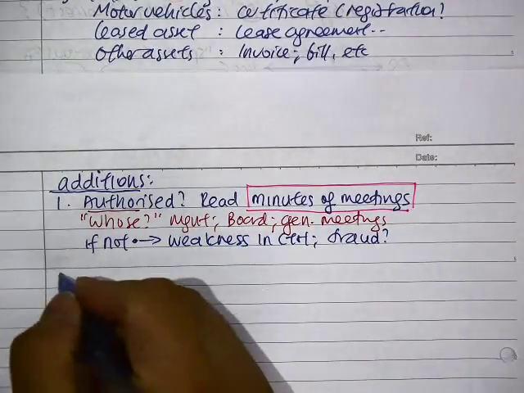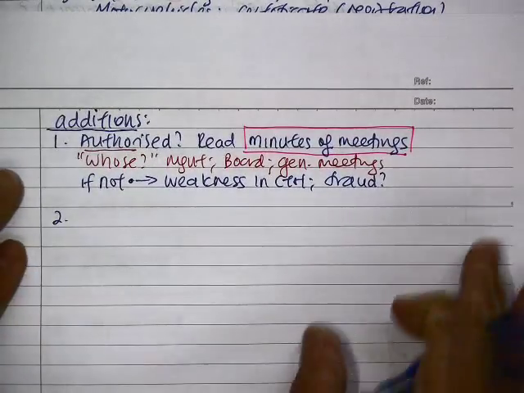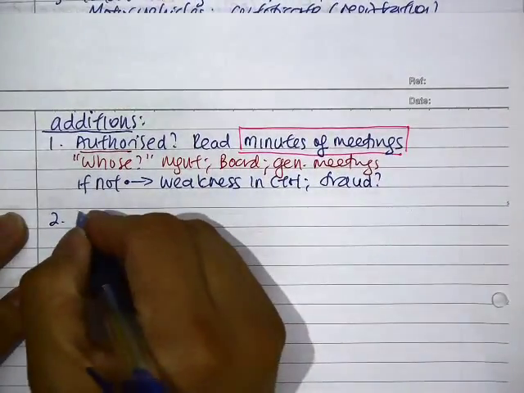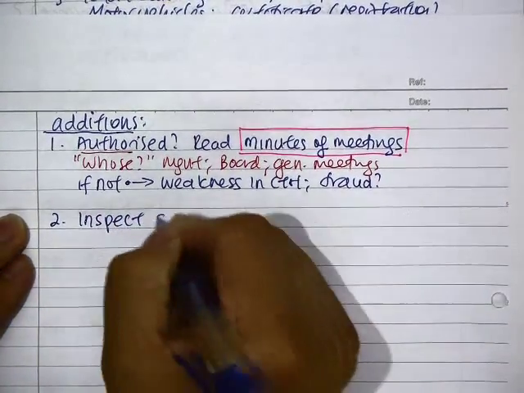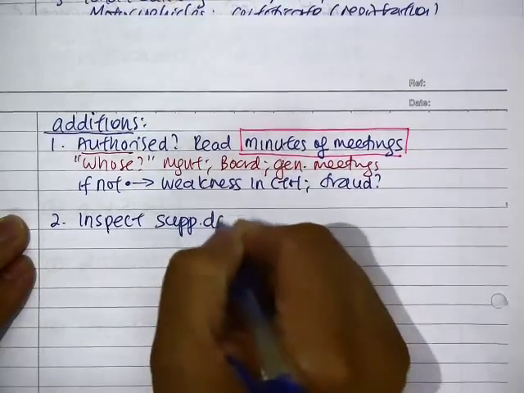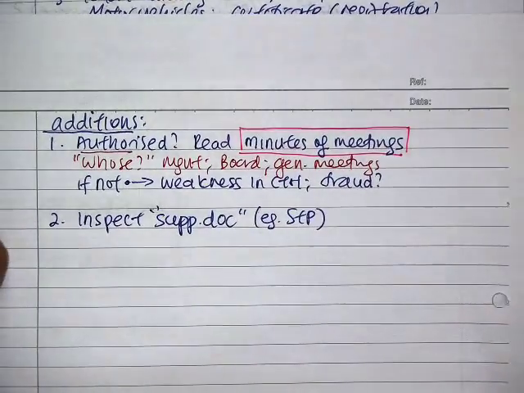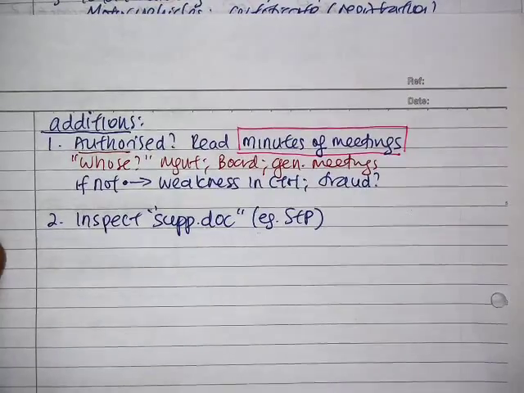Okay. Now number 2. Now when you buy an asset, usually there will be supporting documents. It's very important for us to inspect the supporting documents. For example, maybe you signed a sale and purchase agreement.